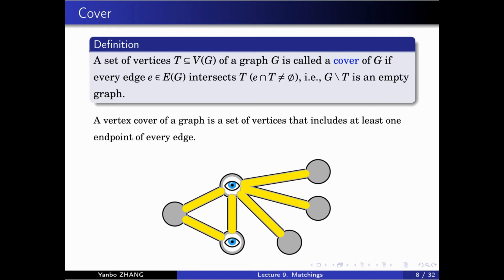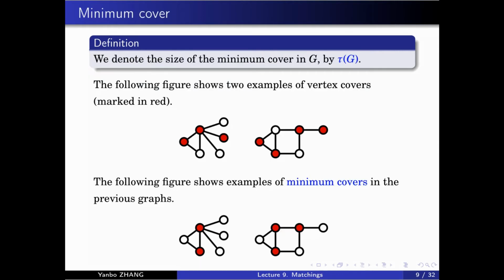In other words, if we delete the two eyes from this graph, the remaining graph has 4 vertices and no edge. The remaining graph is an empty graph. We have a notation tau(G). We denote the size of the minimum cover in G by tau(G).